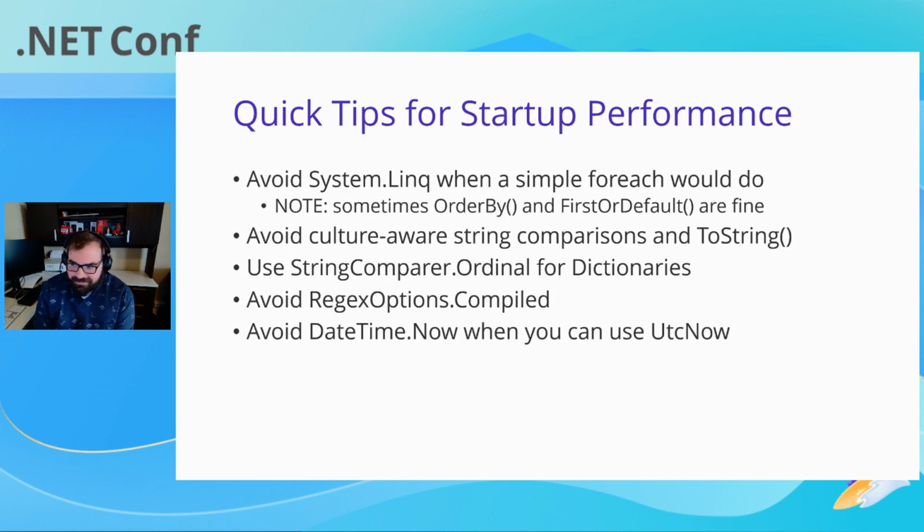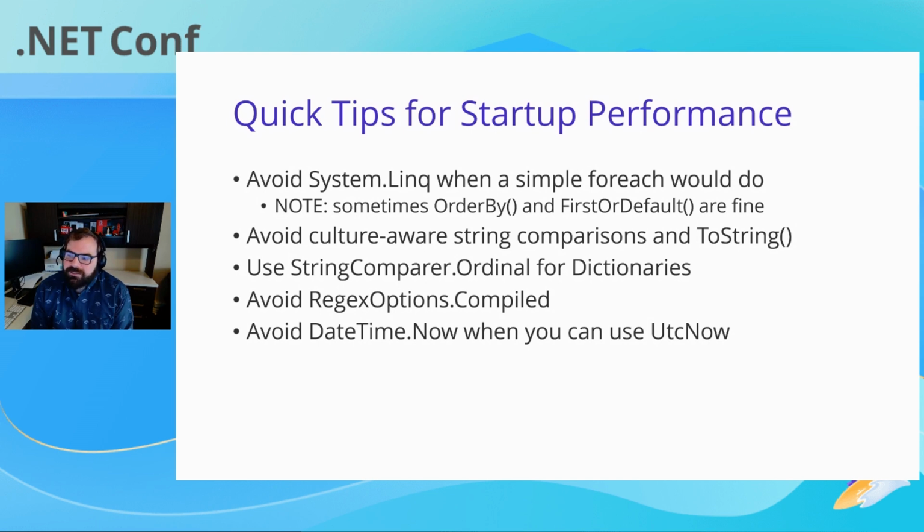So make sure, is this method showing up as slow in the profile? Another one is culture aware string comparisons. This would be if you did string starts with and you didn't pass string comparison ordinal or ordinal ignore case. This one is kind of expensive on the first call, right? So if you can eliminate all of them from your app, you can get a startup time improvement.